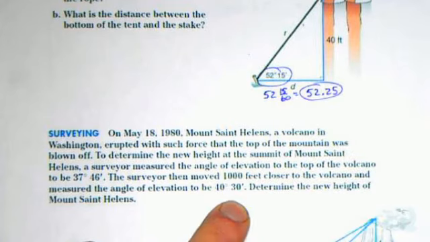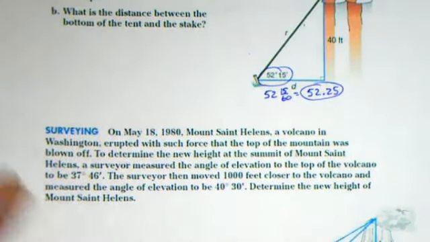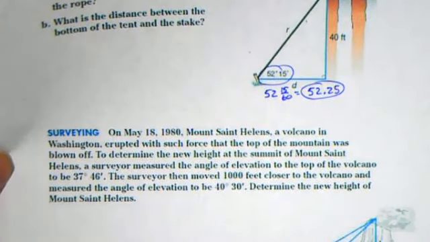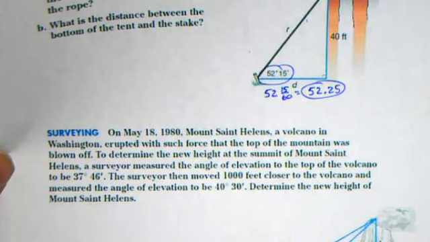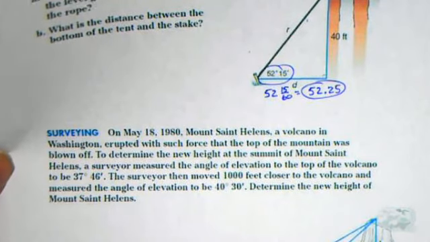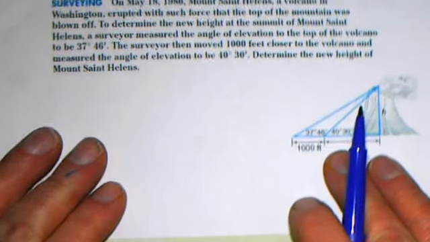So be sure that we make any changes into decimal degrees. And this would be just a normal, looks like it's going to be a sine problem for R, and it's going to be a tangent problem to find D. But let's look at this surveying problem here.